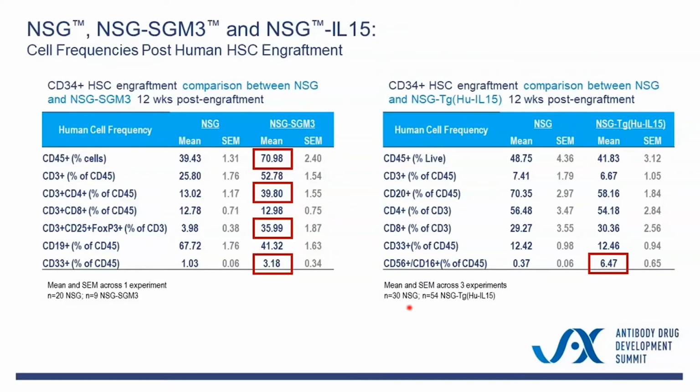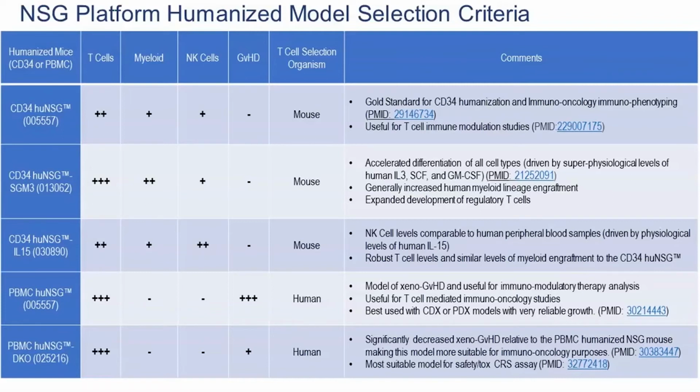And then if you do the same kind of study looking at NSG versus the IL-15, you could see that these other populations are very similar between these, and it's really the inclusion of IL-15 that improves the development of those CD56, CD16 positive human natural killer cells in those mice.